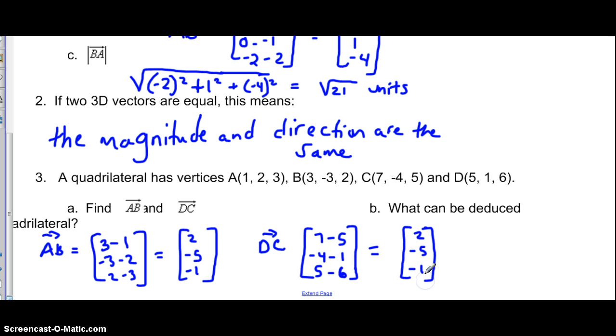So we can see that vectors AB and DC are going to have an equal magnitude, and our directions are going to be the same since they're equal in components. So we can deduce that our quadrilateral has two sides that are parallel, and that would be AB and DC.